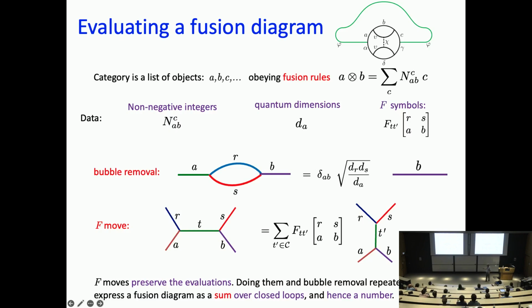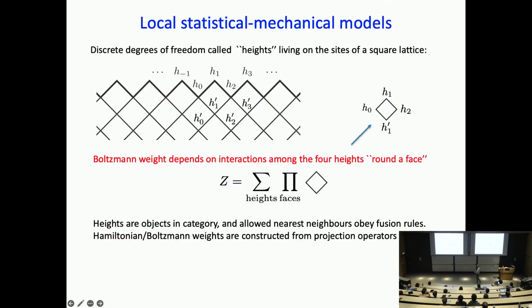But then if you look, that's an H and that's an I. So I don't know when Mandelstam named these in field theory, he should have called them S and T. But again, this was the one slide, the quick overview. The key thing is there's a bunch of rules. You get this list of objects, you get some fusion, and there's a bunch of rules to then turn this fusion diagram into a number. And that's, I hope, all you need to know about fusion categories for this talk.